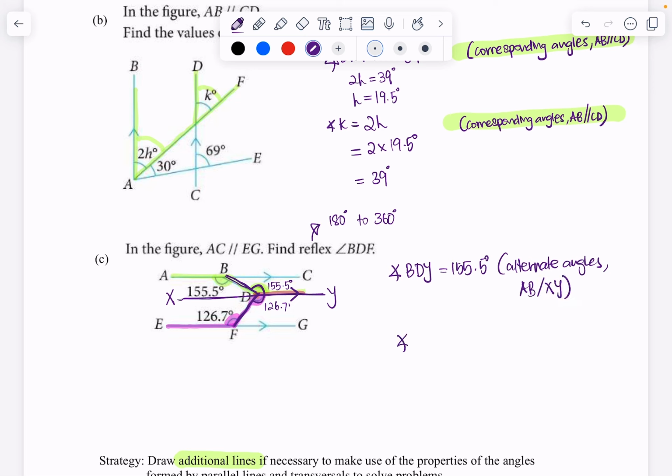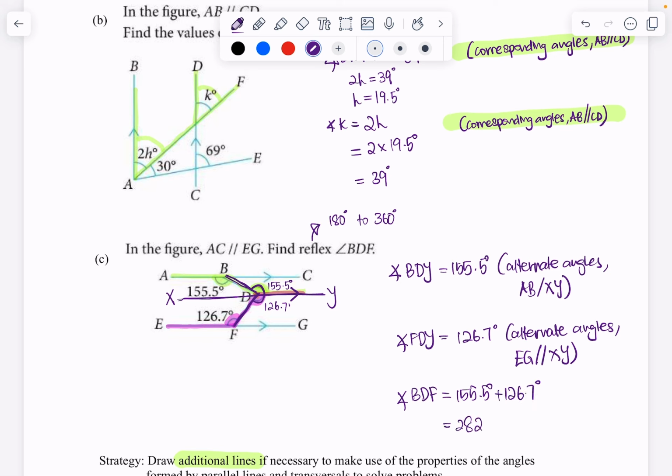Next, we concluded that the angle FDY is 126.7, also due to alternate angles, but this time the lines which are parallel are EG and XY. This will allow us to find angle BDF, which is a sum of the two angles that we have found earlier. Therefore, this would be 282.2.